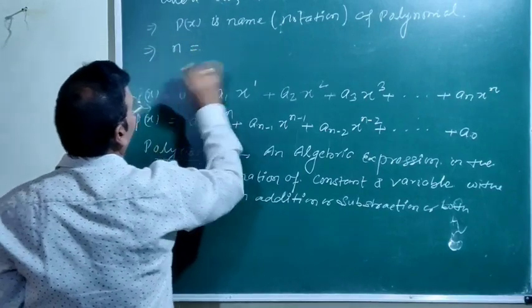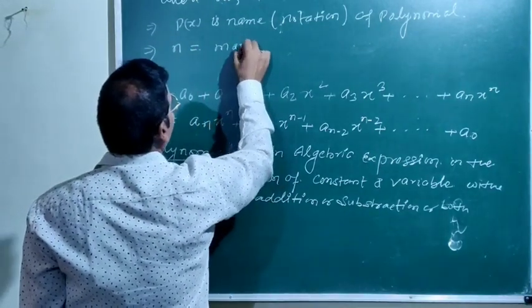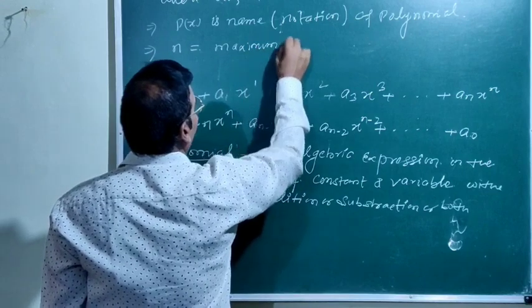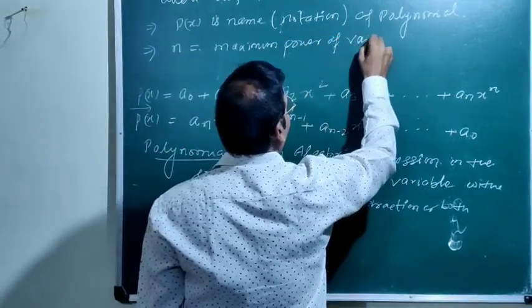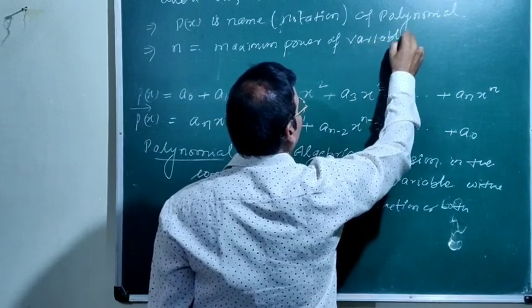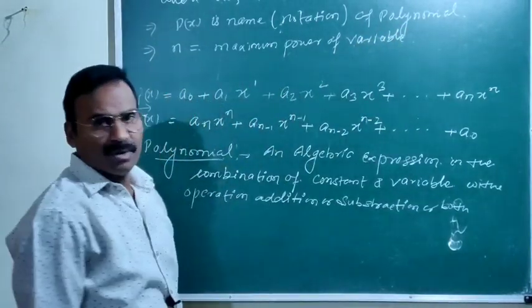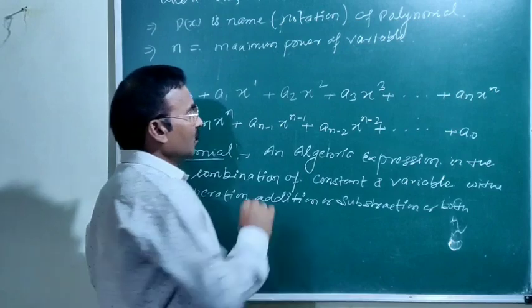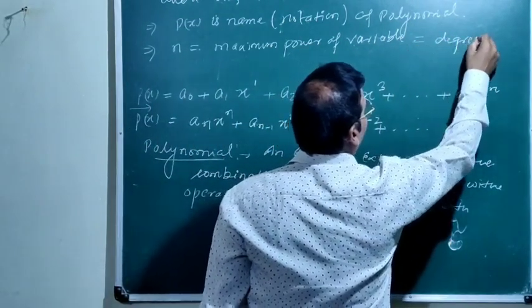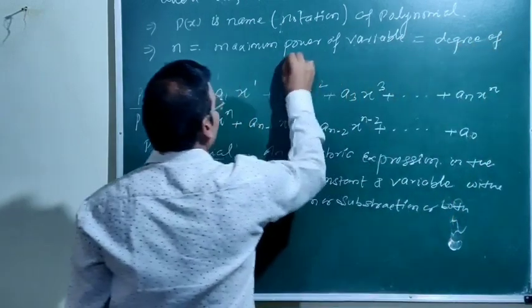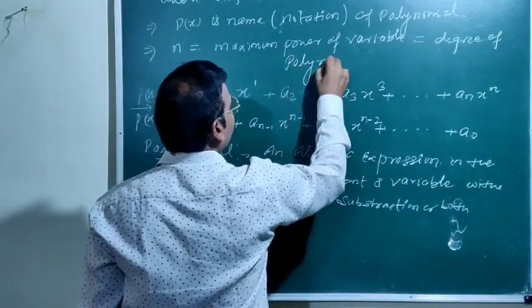N is the maximum power of the variable. N is the maximum power of the variable, equal to the degree of the polynomial.